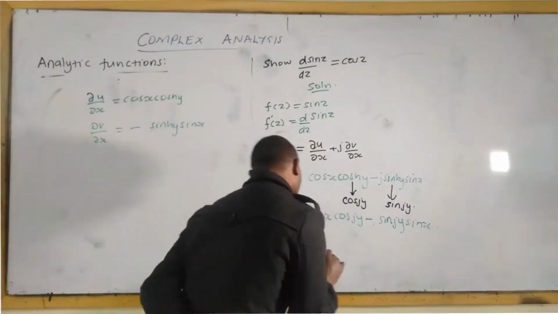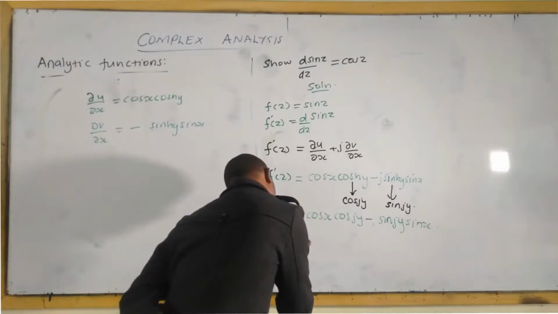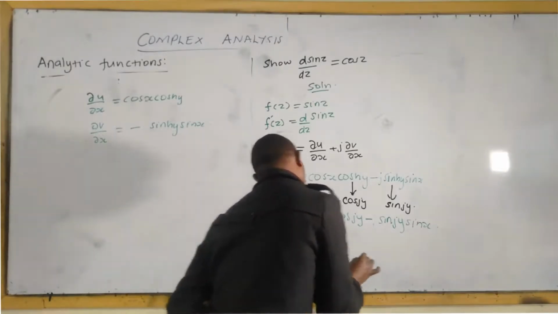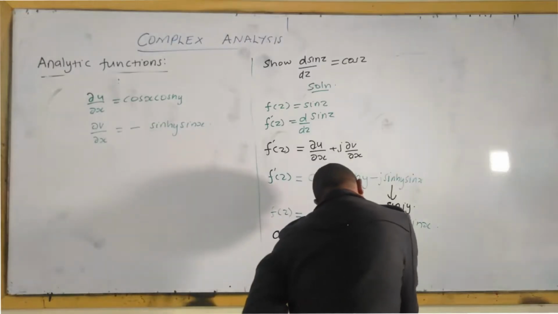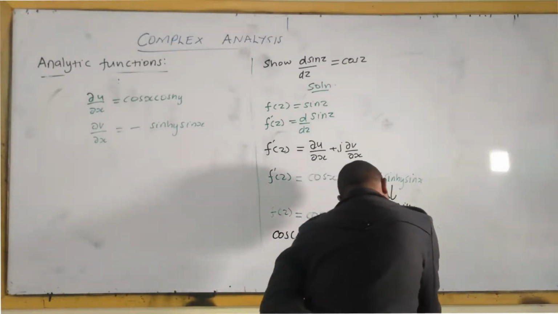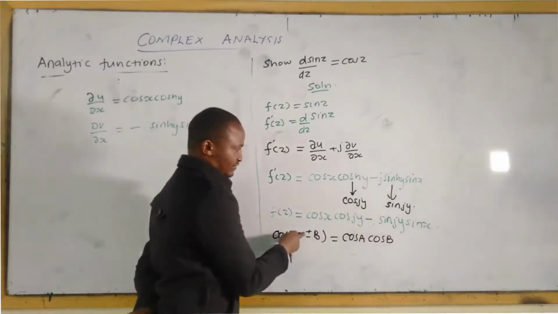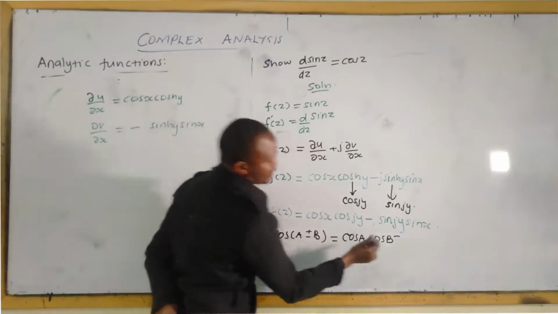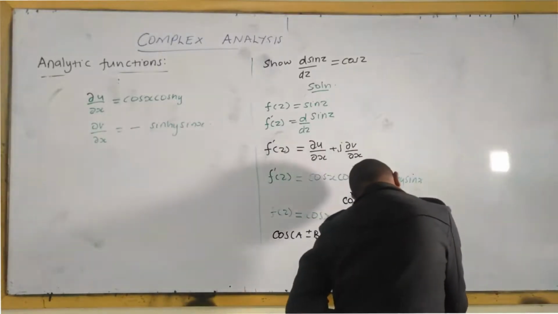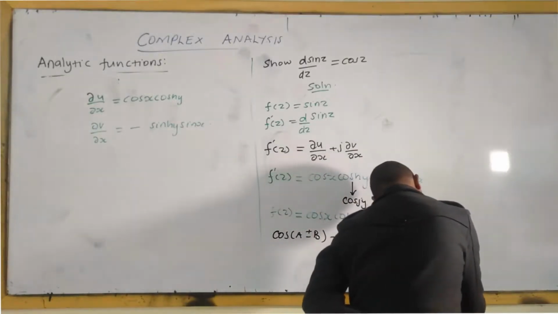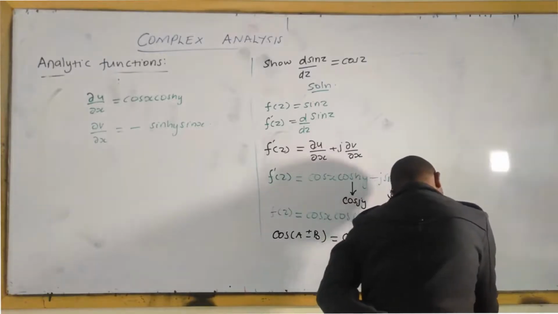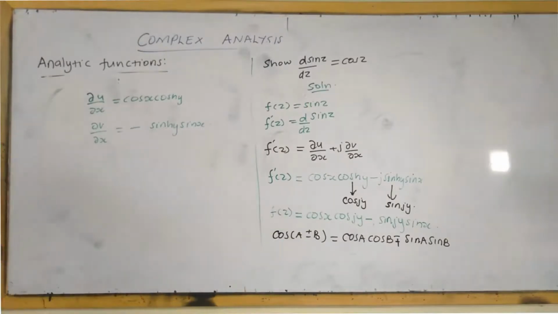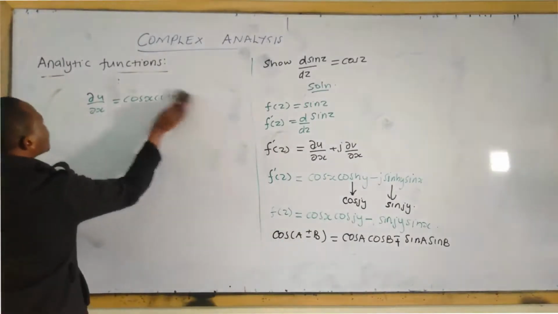You said earlier that cos of A plus or minus B is equal to cosine of A, cosine of B. If the sign was positive, it will change to negative. If the sign was negative, it will change to positive. Then sin A, sin B. The trigonometric identity. Let us use that trigonometric identity in the next step.